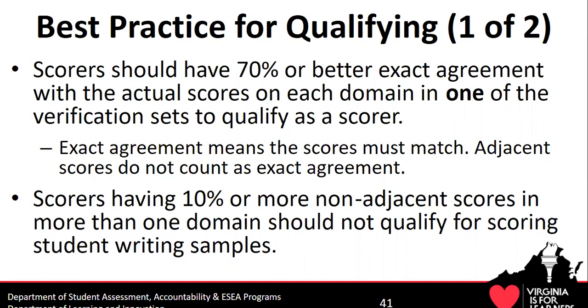It's not a bad idea for teachers of any grade to use these resources and qualify and establish that they can apply a rubric in that manner, and it is required for the local high school performance assessment. But best practice for 5th grade is that scorers should have 70% or better exact agreement with the actual scores on each domain in one of the verification sets to qualify. And scorers having 10% or more non-adjacent scores in more than one domain should not qualify.